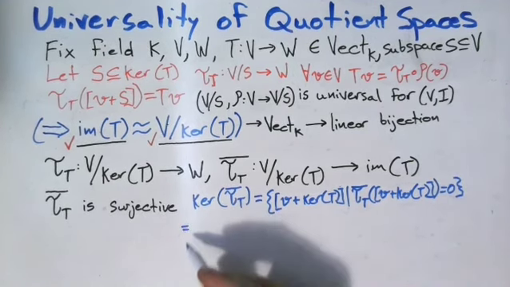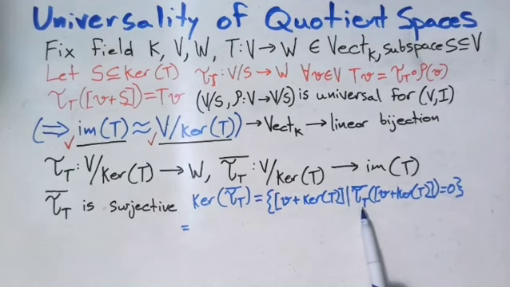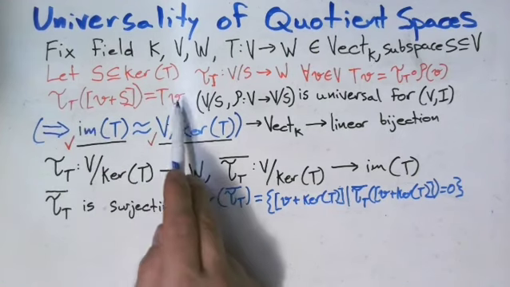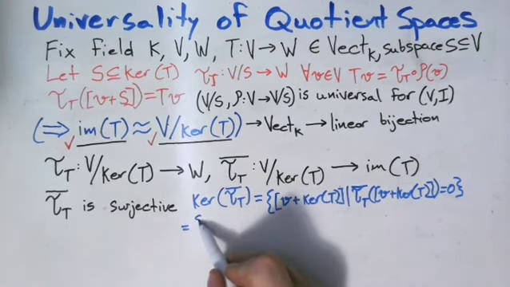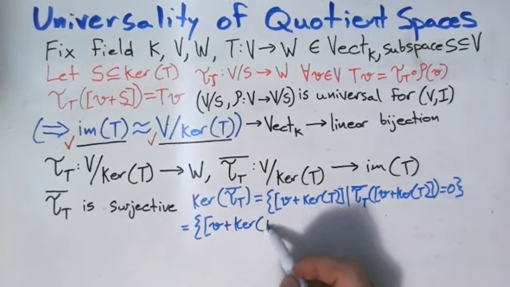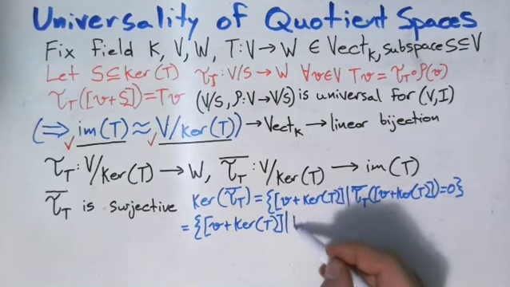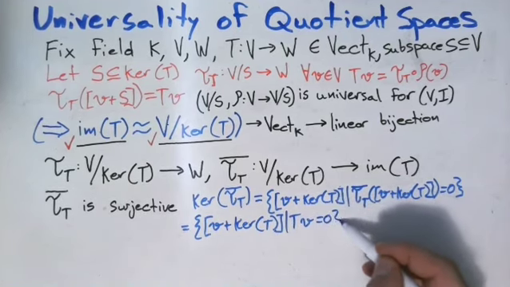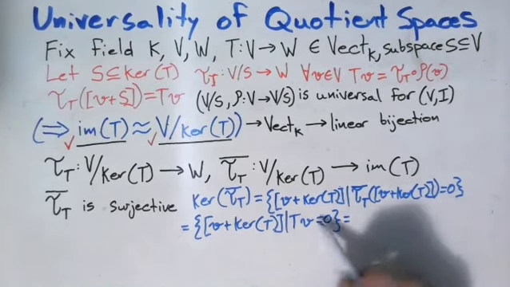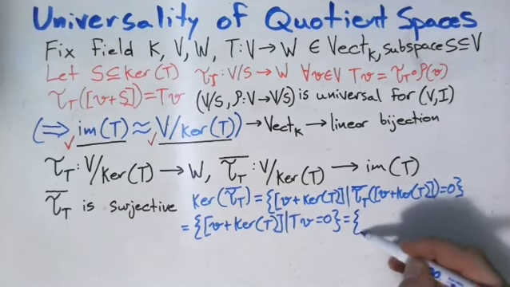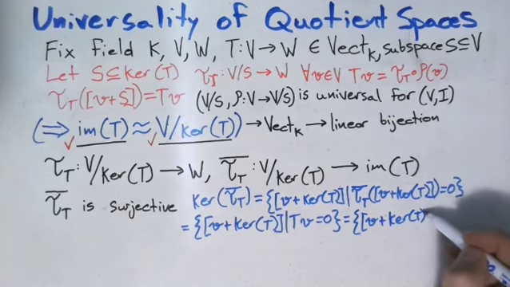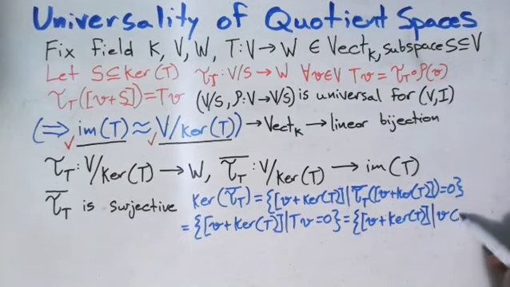And if that's the case, well, the restriction of tau of T of V plus kernel T is just tau of T of V plus kernel T, which is just T of V. So we can rewrite this as all of the equivalence classes V plus kernel of T, where T of V is equal to 0. But if that's the case, then these are just the values in the kernel. So this is the values V plus kernel T, where V is in the kernel of T.